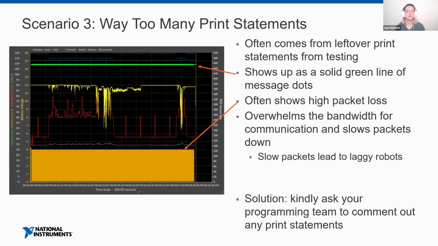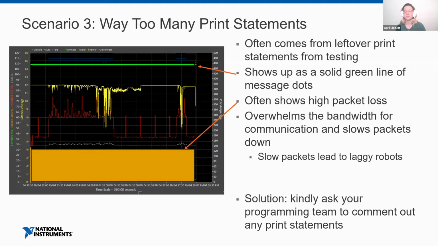It shows up usually as this very solid green line of message dots, but it often comes with high packet loss, which you can see at the bottom of the graph. What having too many print statements does is it overwhelms your allotted bandwidth for communication, and it slows all of your packets down.